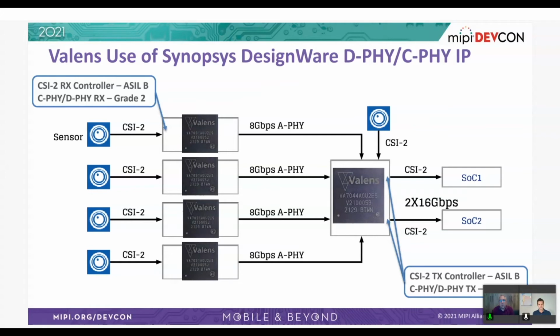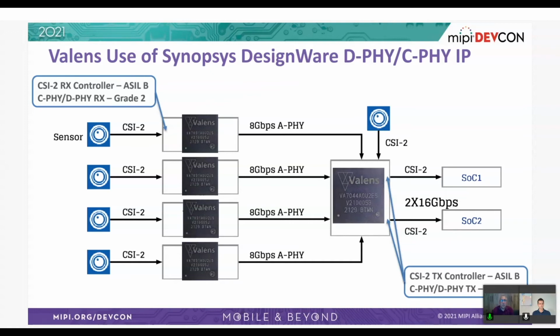So in these products, you can see the A-PHY capability and the CSI RX controller with an ASIL B and C-PHY D-PHY RX grade 2 in the serializer side on the 7031, and you can see on the receiver deserializer side the CSI TX controller, which supports ASIL B, and the C-PHY D-PHY TX grade 2.